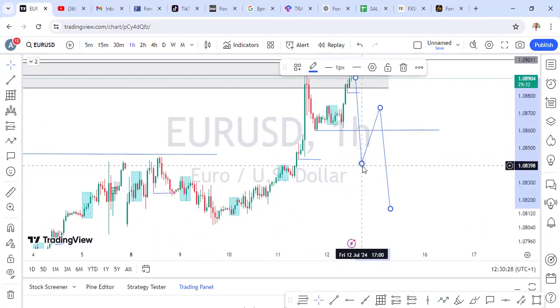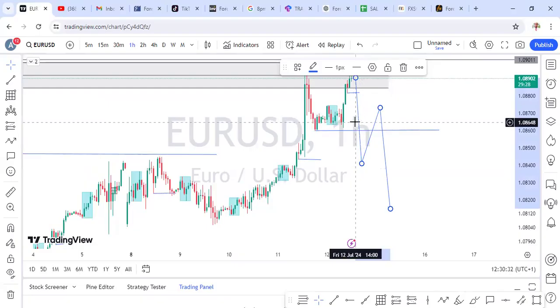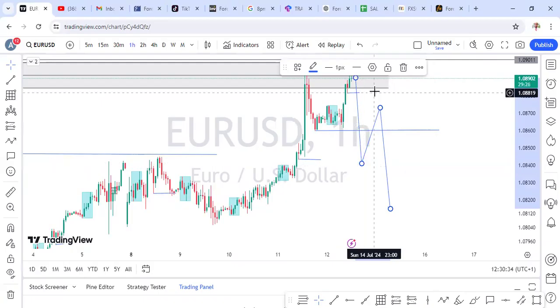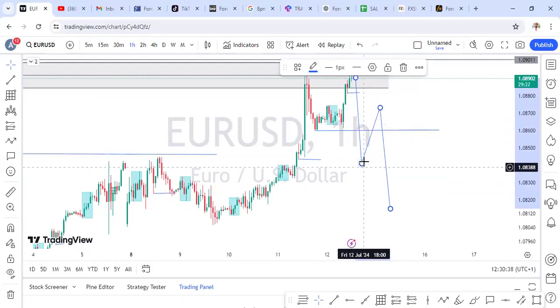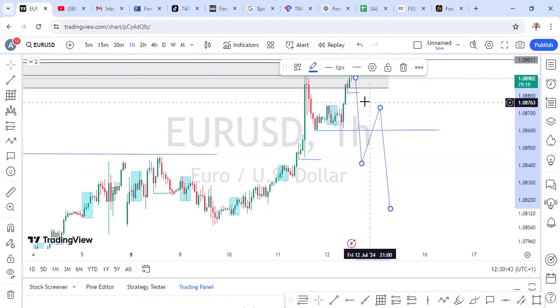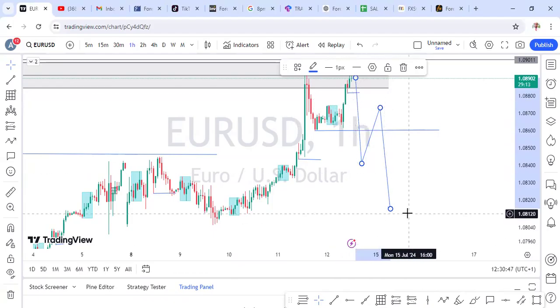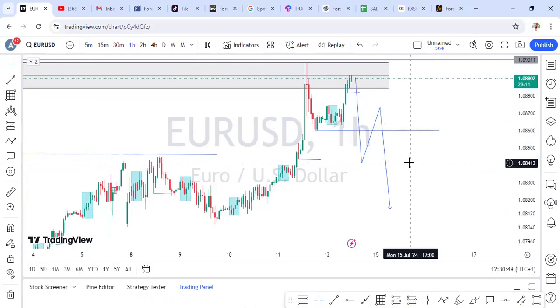As price breaks out and retests, people put their stop loss here, then a sweep. Price will sweep the liquidity of those people doing breakout trading. Then maybe here we'll look for a sell opportunity. So let's see, anything can still happen after 1:30.